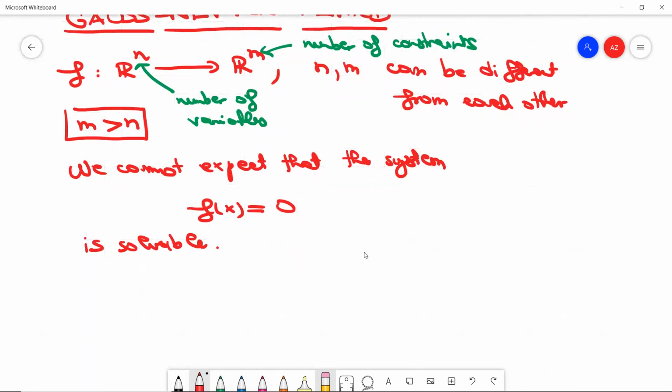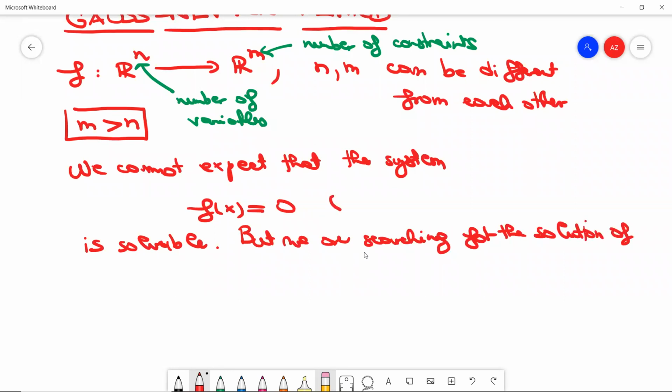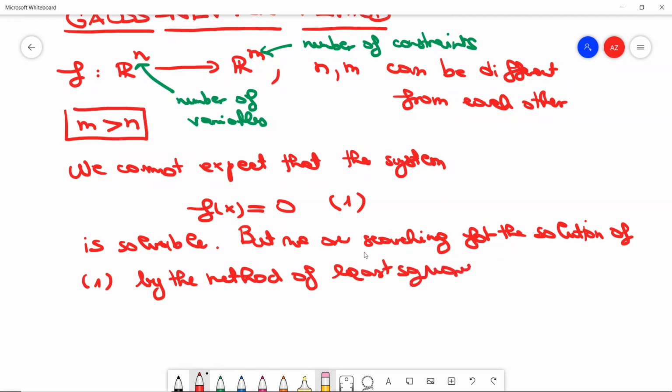But we already know that then we search for the solution by the method of least squares, which means that we are searching for alpha such that the norm of f of alpha is minimal among all norms of f of x when x runs over all possible vectors.